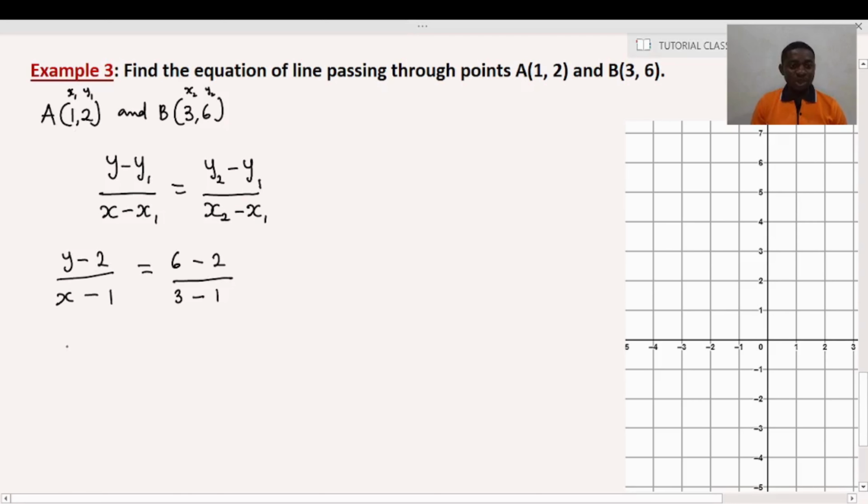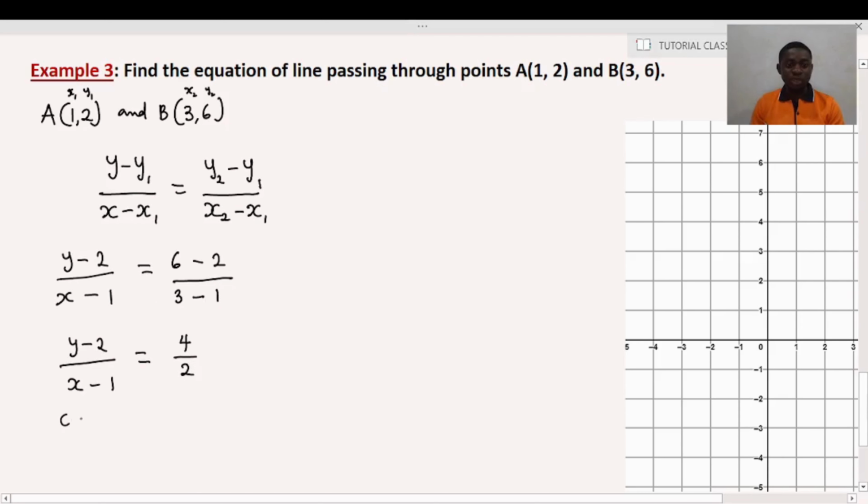Going for that, this becomes (y minus 2) divided by (x minus 1) equals, this then becomes 4, since you are subtracting 2 from 6. Same way you are subtracting 1 from 3, gives you 2.